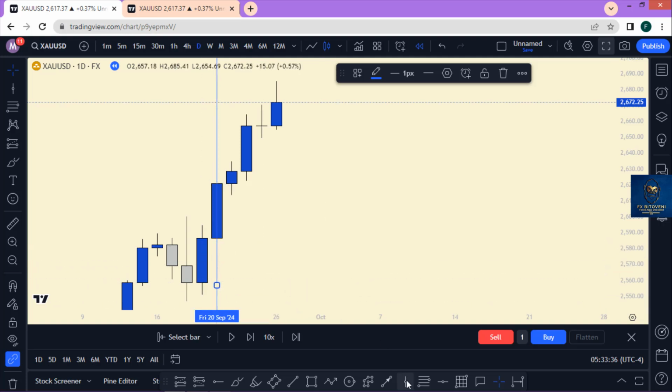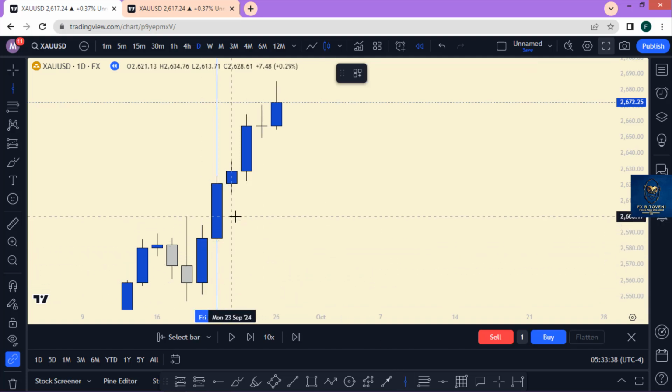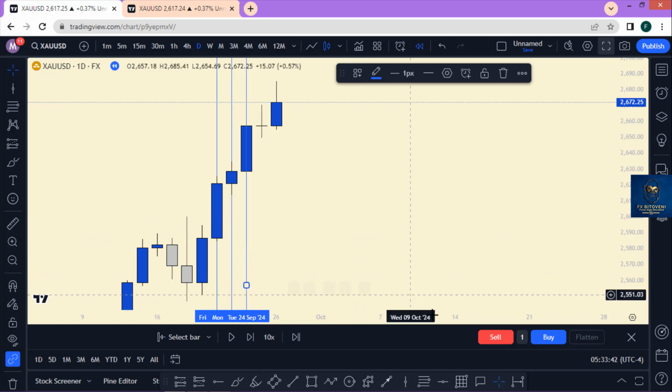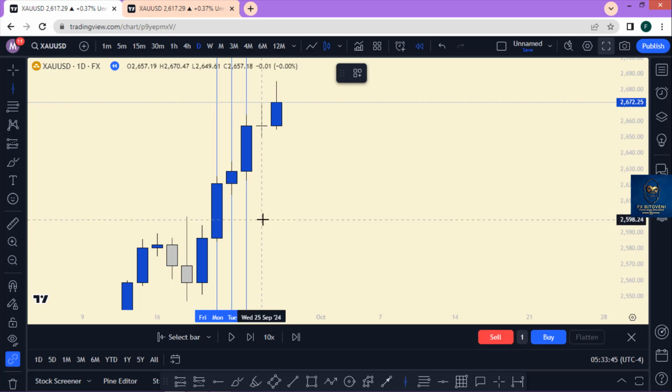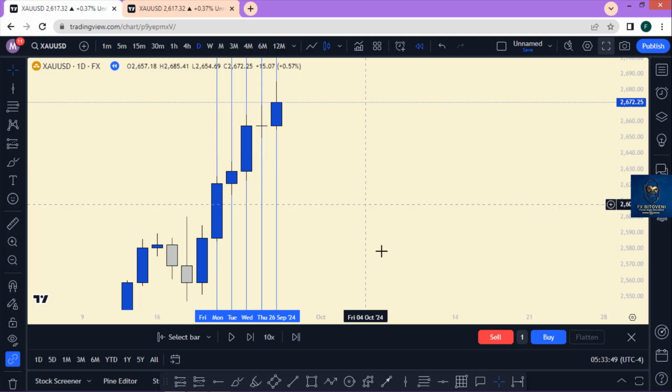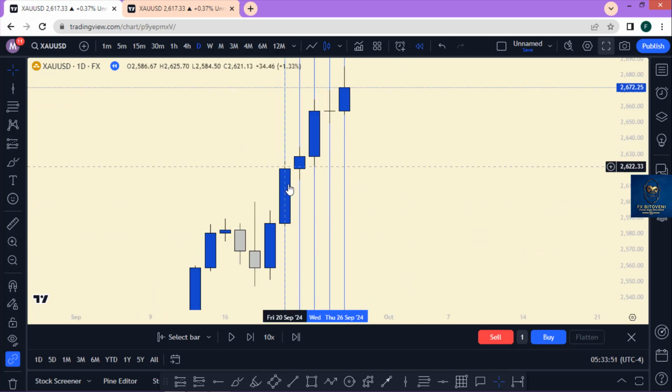If you check the 2-hour time frame, this is Monday, this is Tuesday, this is Wednesday, this is Thursday. Now the blue line marks the open price.